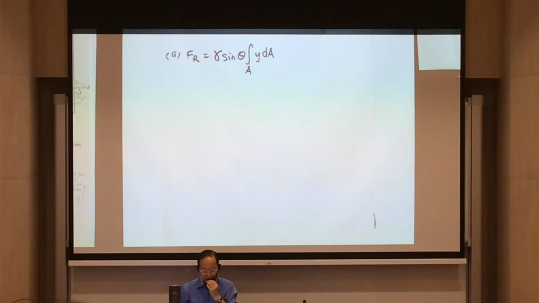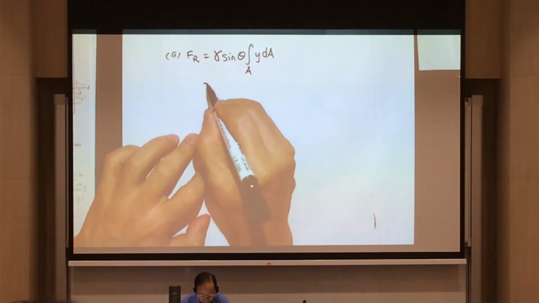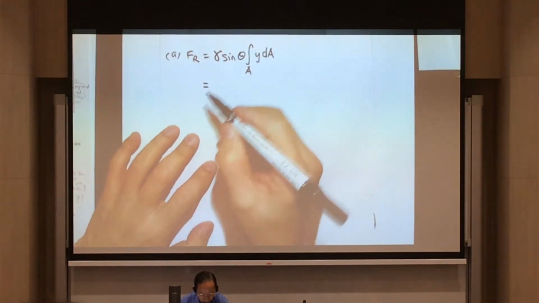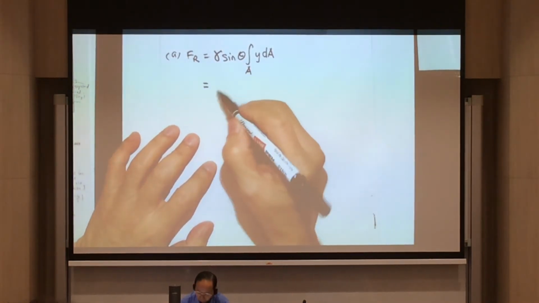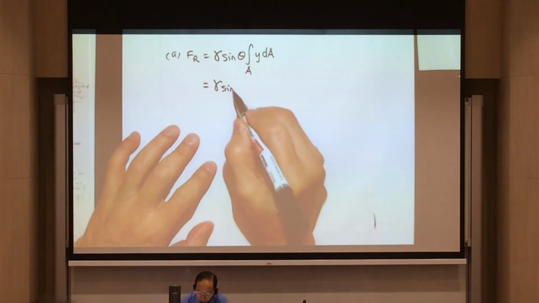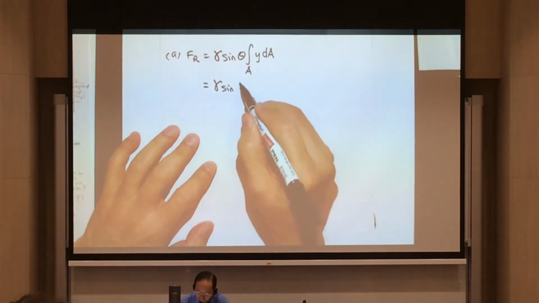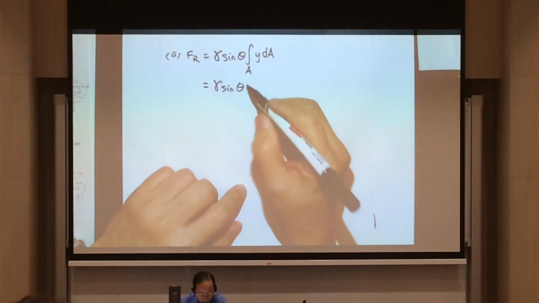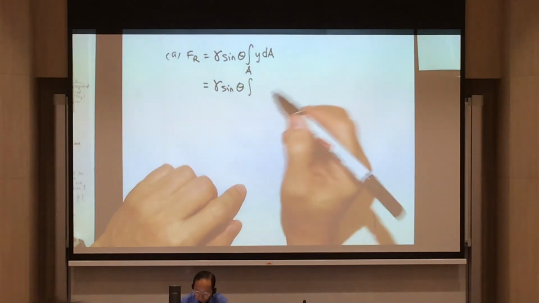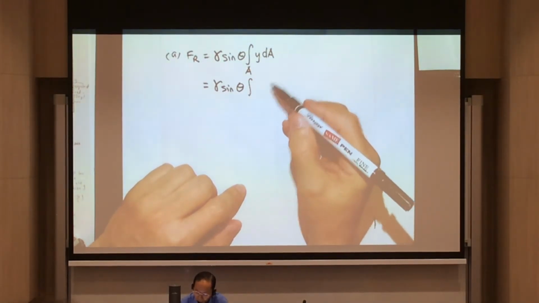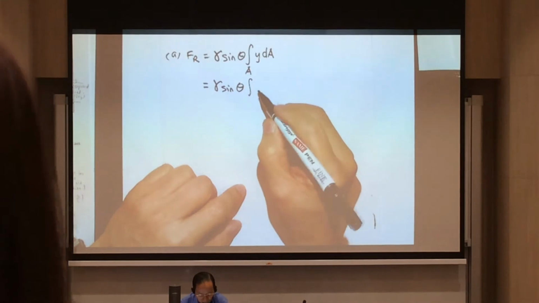That's what we have got just now. So this is equal to gamma sine theta. These are all constants, that's why they're outside the integral.